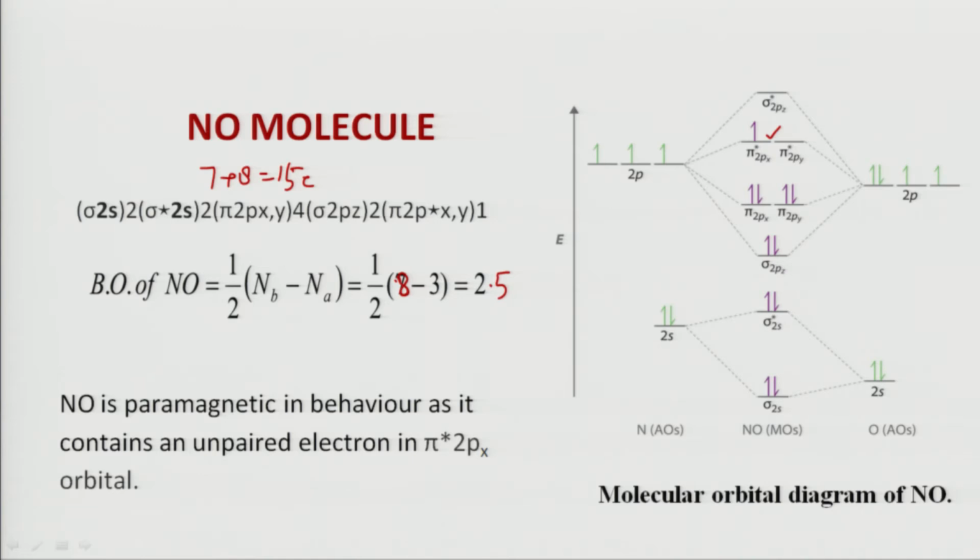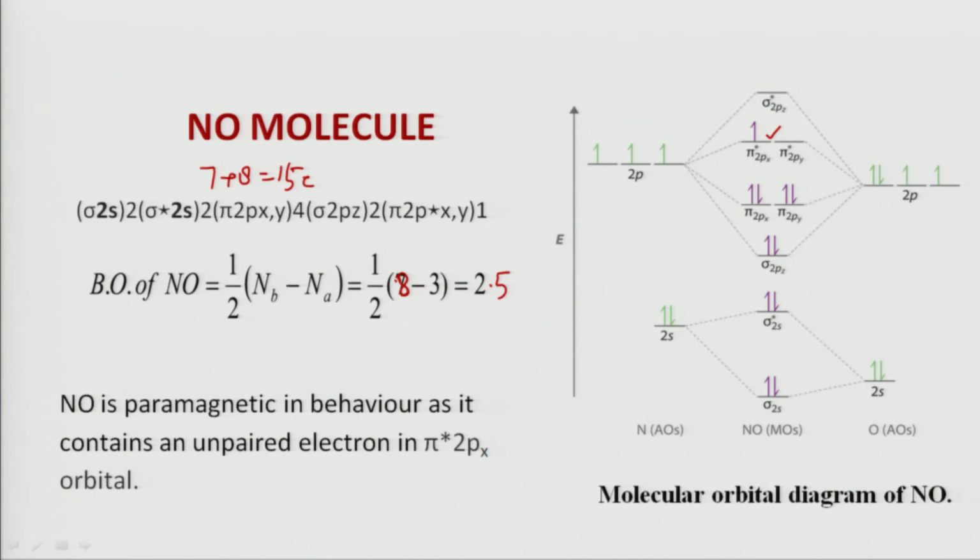Now, since there is one electron which is found as a lone electron or unpaired electron, NO will show paramagnetic character. It contains an unpaired electron in its pi star 2px or 2py orbital.